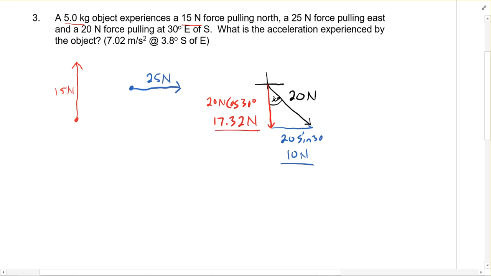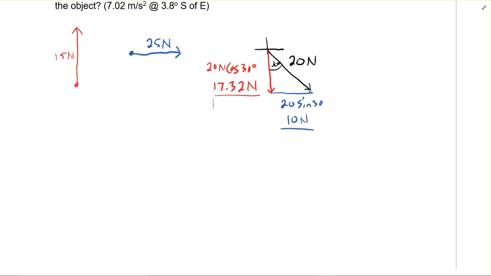Okay, so now what we gotta do is just make another triangle out of this. So all our red ones let's put together and our blue ones let's put together. So my red ones, so force in the y direction is gonna be positive 15 newtons plus negative 17.32 newtons.